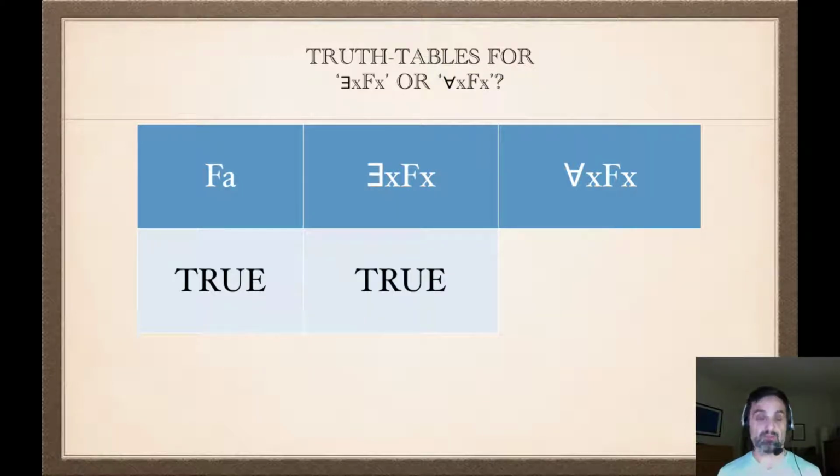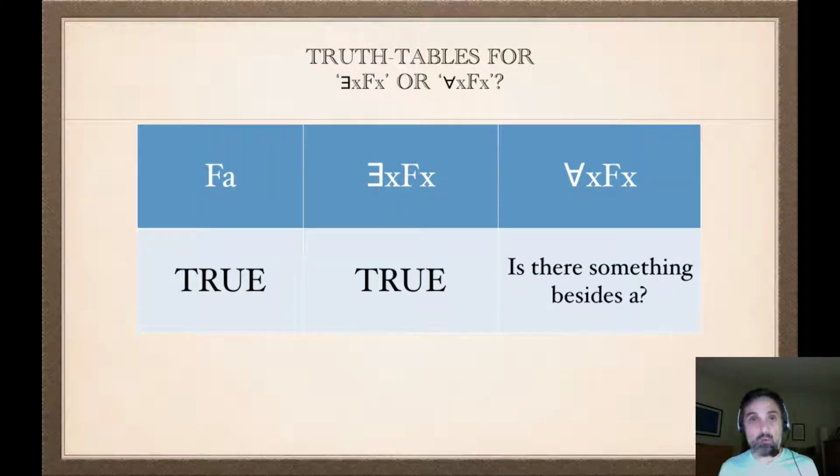Well, it's true. If Fa is true, then there's a thing that's F. But is for all x Fx true? It's indeterminate. Maybe it's true, maybe it's not. It depends on whether or not there's something besides a, and if there is, whether or not that other thing or things are frogs or not. If all of them are, then for all x Fx is true.